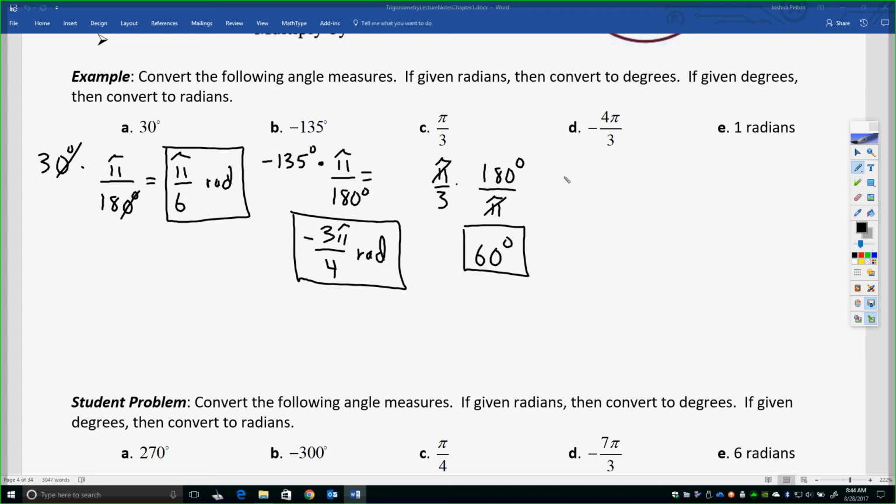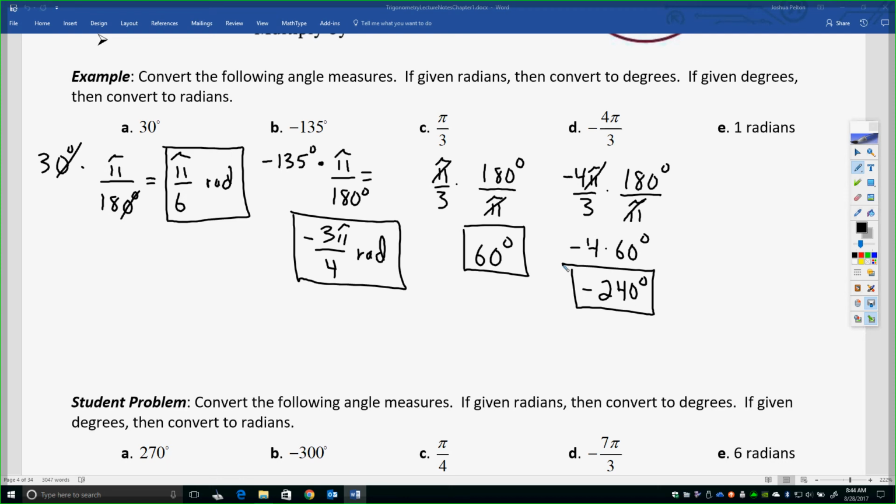For example, negative 4 pi over 3 is in radians, so we need to cancel radians by having radians on bottom. So cancel, cancel, and let's see, 3 into 180 gives me a 6. That's negative 4 times 60. So that's negative 240 degrees.